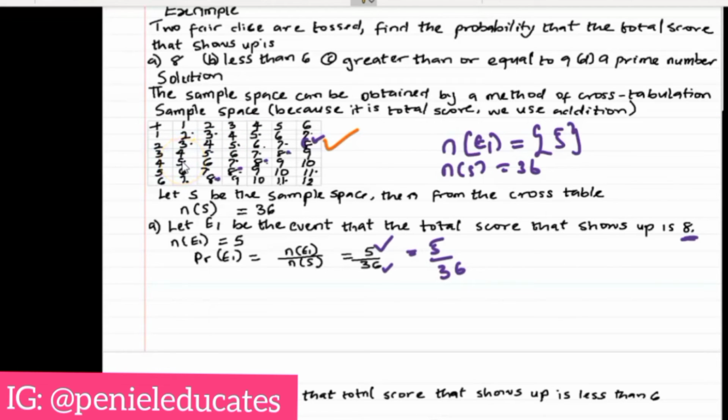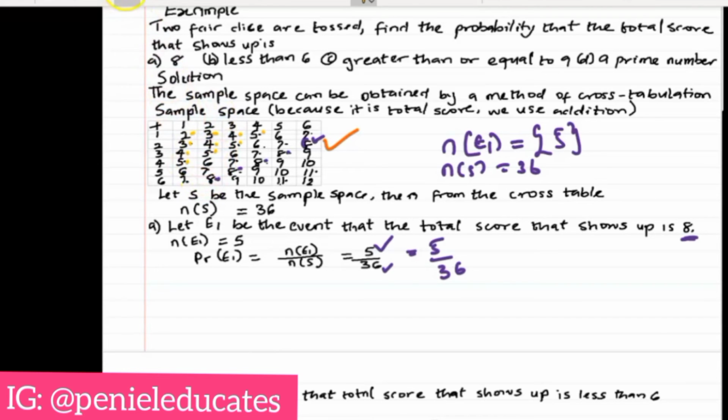All right, so we have the event that the total score that shows up is less than 6. So we have this one, 1. Let's do it again. 2, 3, 4. That's less than 6. 5, 6, 7, 8, 9, 10. All right, so we have 10 that shows that.